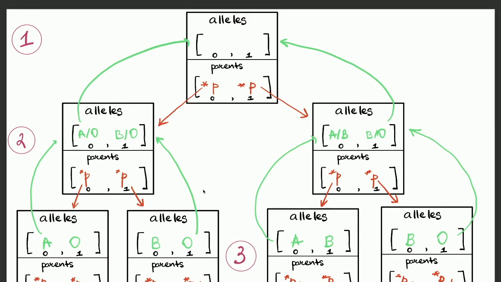So this is an already complete diagram, but let's try to walk through it part by part. The very first node right here, in generation 1, is our new person that we're going to create. And from the very beginning, it will not have any of its elements. It will just be an empty array of alleles and an empty array of parents.